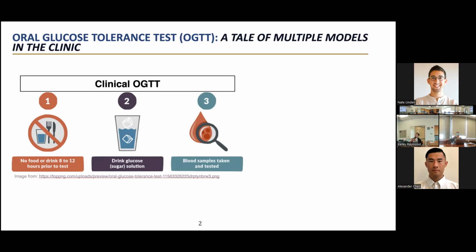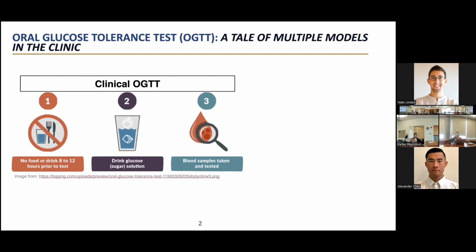So today I'll be talking about one story of multiple models, and that's making diabetes diagnostics in the clinic. We do this with all sorts of different clinical tests, one of which is the oral glucose tolerance test. The patient has fasted prior to this test, they go into the clinic, and they drink a bolus of glucose, so 75 milligrams, or like a drink with sugar in it.